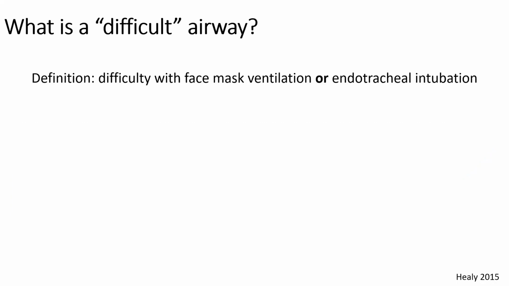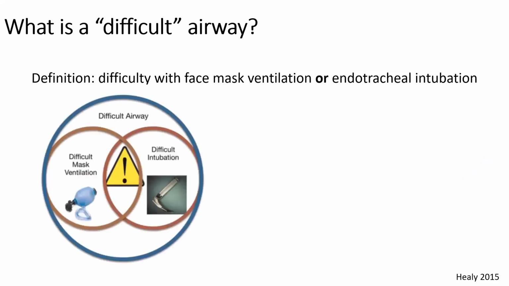So what defines a difficult airway? The definition of a difficult airway is a patient for whom it's difficult to achieve face mask ventilation or endotracheal intubation. When we think about those patients, there are these two different categories, and patients can exist in one of the two categories or they can overlap.